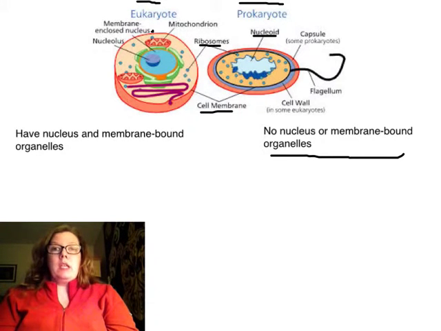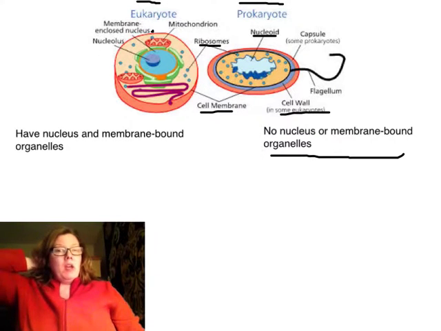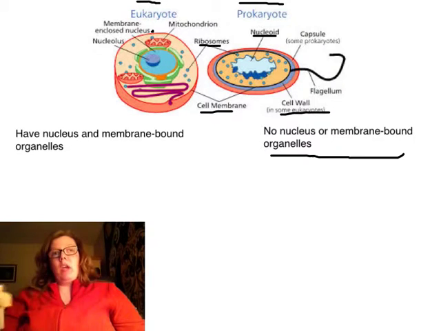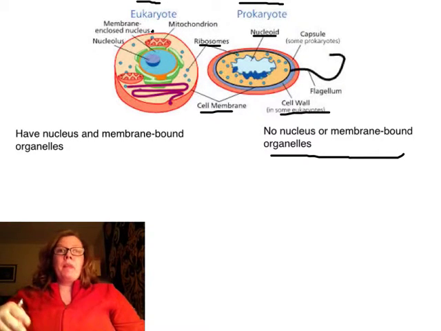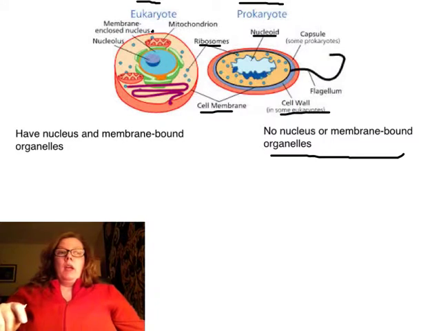You will also see a cell wall in most prokaryotes. The problem here is that the cell wall is not analogous to the cell wall that you'd see in a eukaryotic cell that has a cell wall. Plant cells, and we'll talk about this in another lesson, have a cell wall that's primarily made of cellulose. In prokaryotes, you've got cell walls made of things other than cellulose.